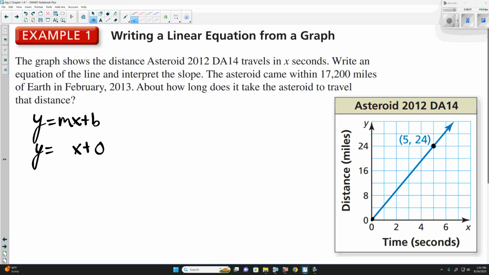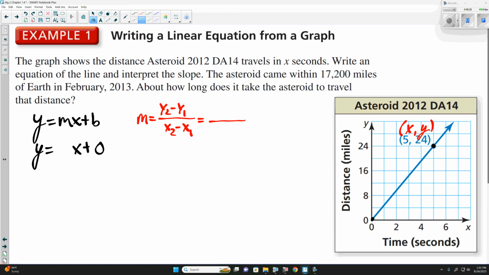Now we need to find the slope. So what are our two y values? 524 is a point, and every point comes in the form of x comma y. The y values are 24 and 0.